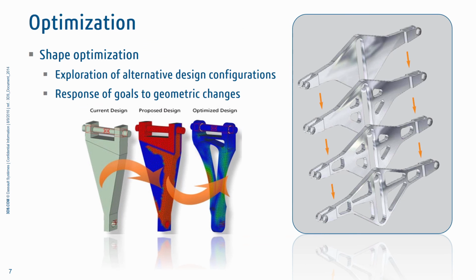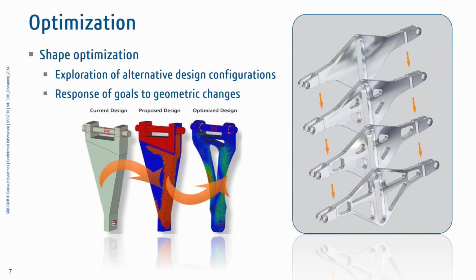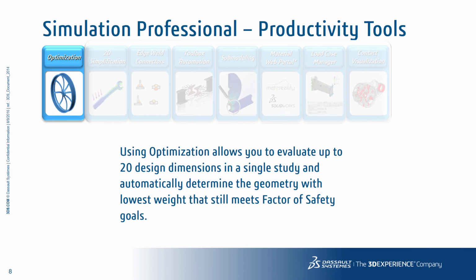So optimization, what we call shape optimization, it's awesome. Helps you explore different shapes, different parameter sizes, even different materials as of a few years ago. So again, check out our other Sim Step Up episode that's going to get in depth into our optimization tool. But basically, set up, evaluate any number of dimensions, up to 20. I've never even set that many up in a single study, and then goal for the optimal.